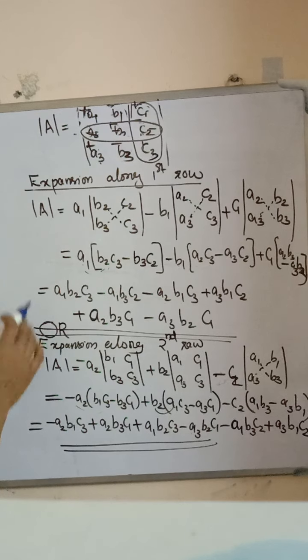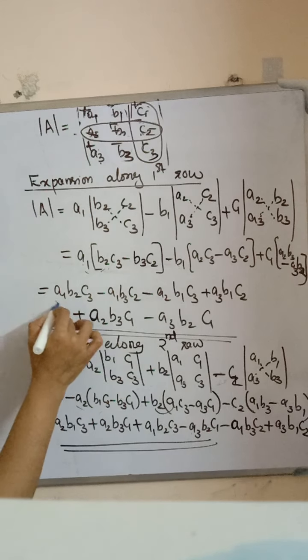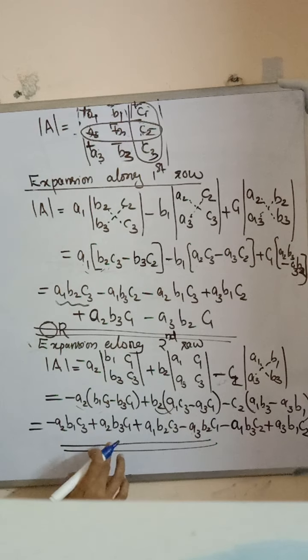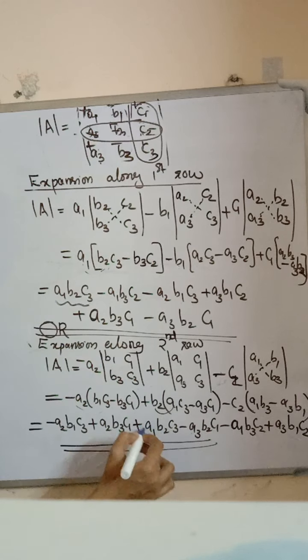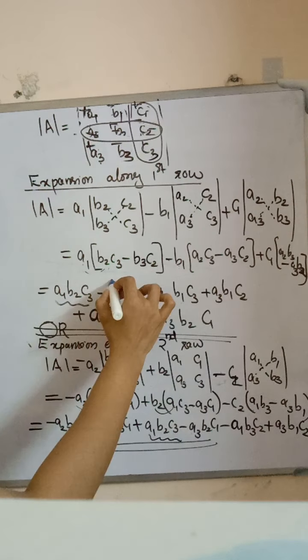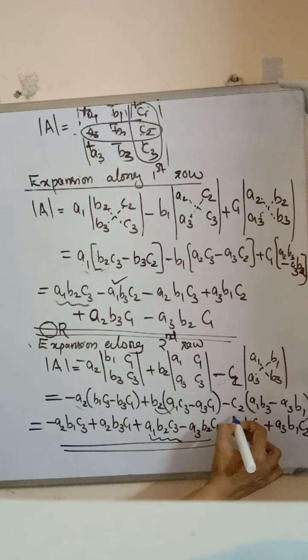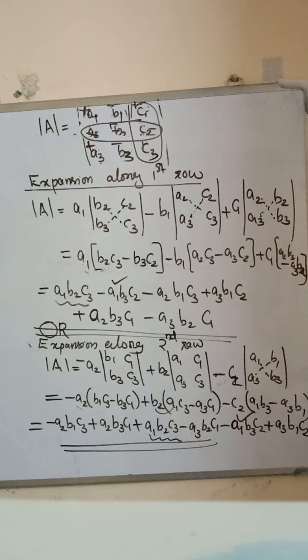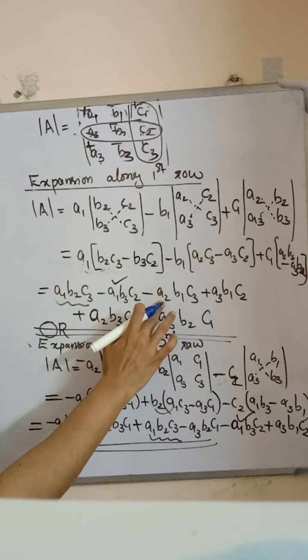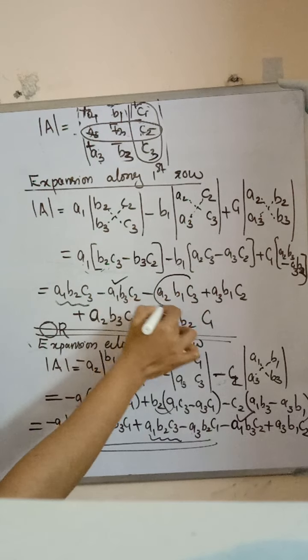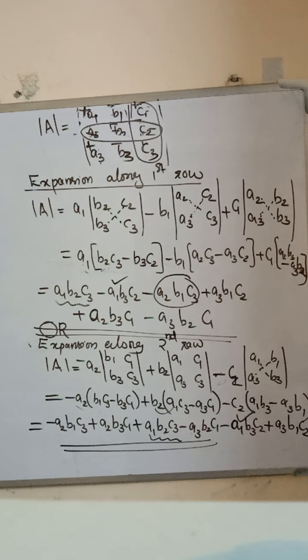Now we check these two are equal. Here A1 B2 C3, here also A1 B2 C3. Here minus A1 B3 C2, here also minus A1 B3 C2. Again here minus A2 B1 C3 in both.